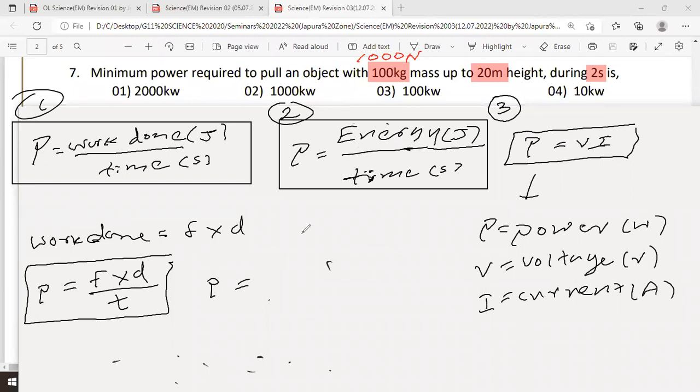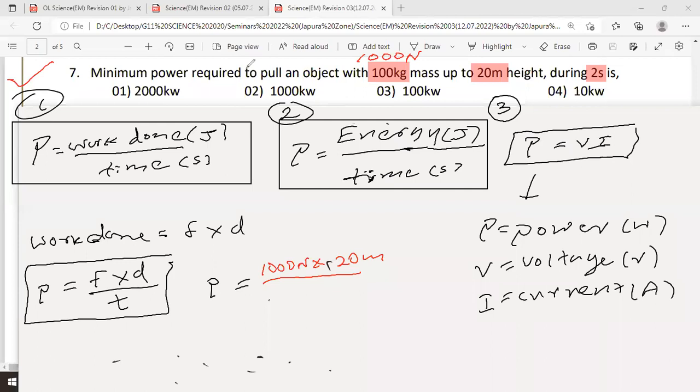1000 Newton times the height, 20 meters, the displacement. I'll put the units also so you can understand what you are getting. We use the first equation for this calculation, but I gave all three equations to calculate power in your O-level syllabus, from grade 10 or grade 11.